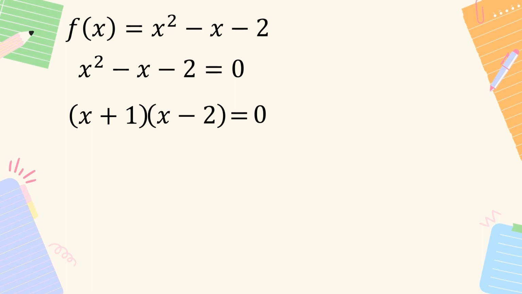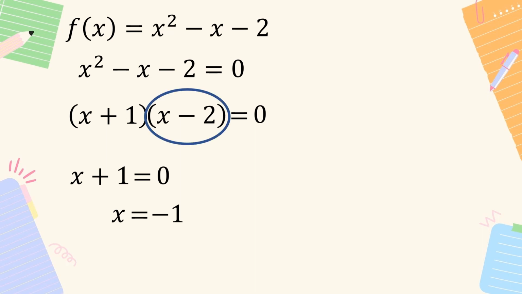We will now equate each factor to 0. We start with x plus 1. X plus 1 equals 0. We transpose positive 1 to the right side of the equation. So x is now equal to negative 1.